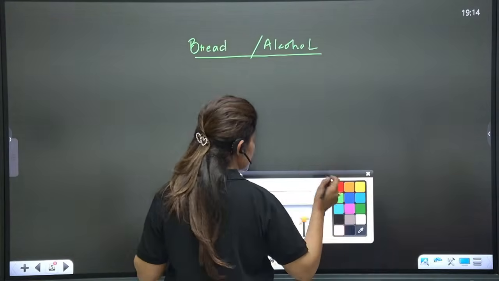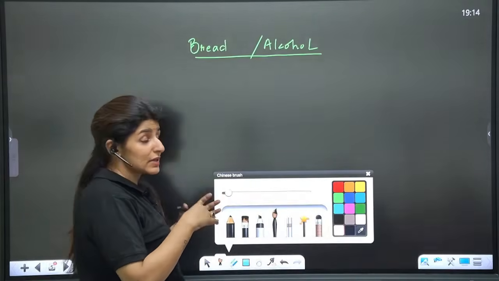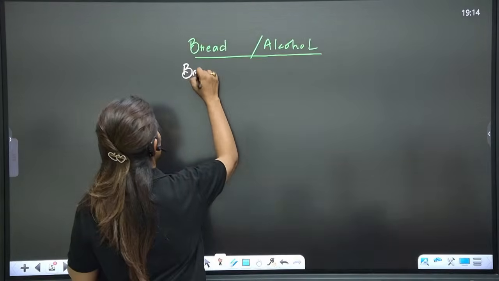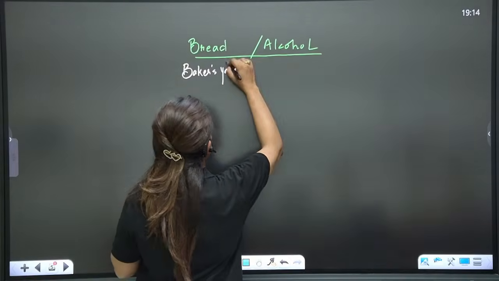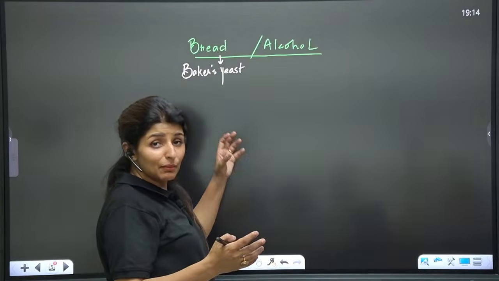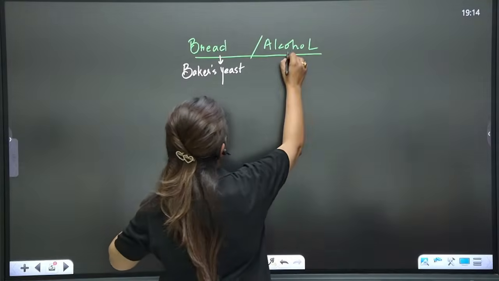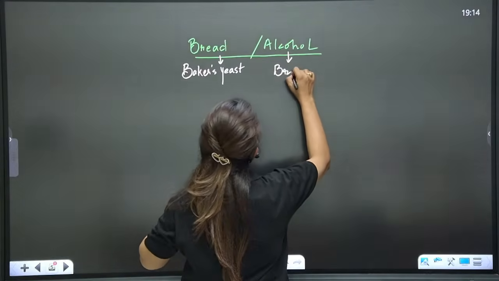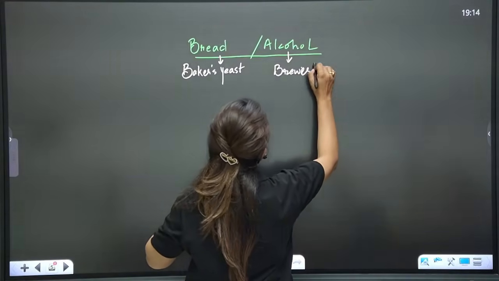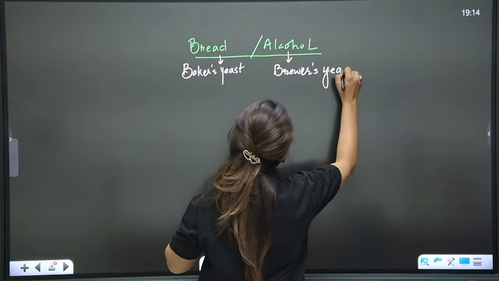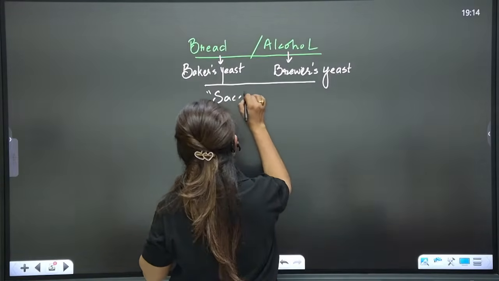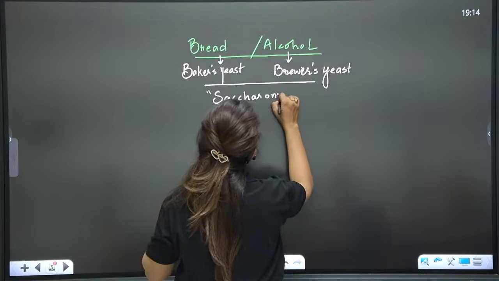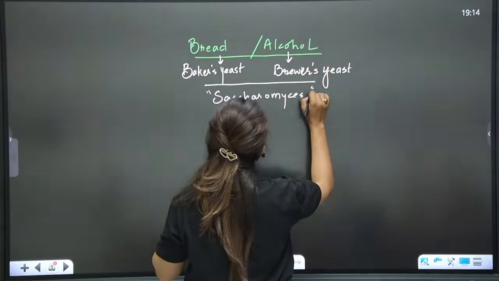Because the yeast is helping in baking as well, we call the same yeast baker's yeast also. The mechanism would be different, but the microbe is absolutely the same. And because it is helping in brewing, that is alcohol production, we also call it brewer's yeast. It is the same yeast, which is Saccharomyces cerevisiae. Is it clear? It is a unicellular fungus.